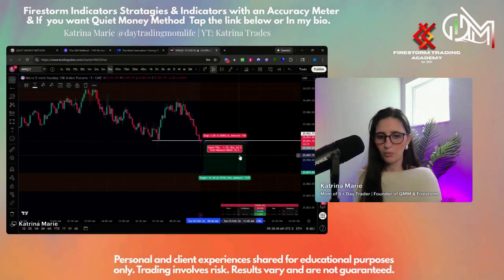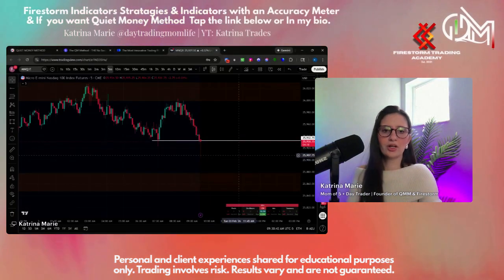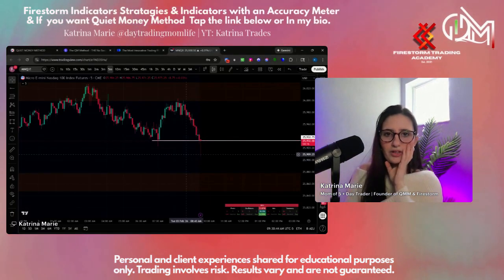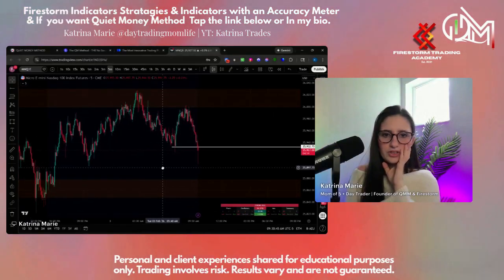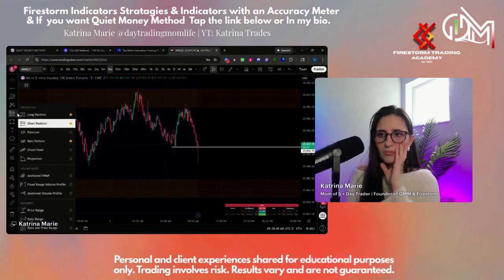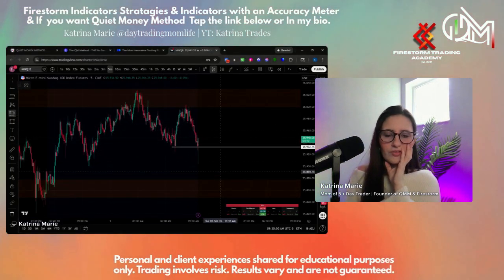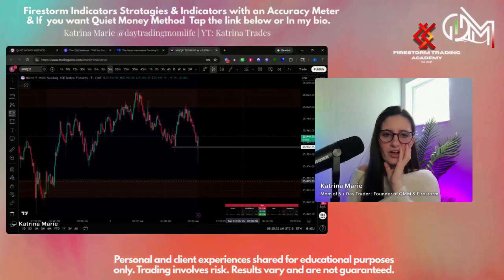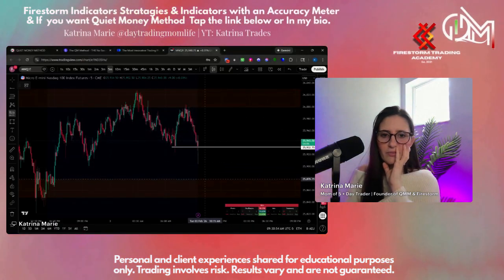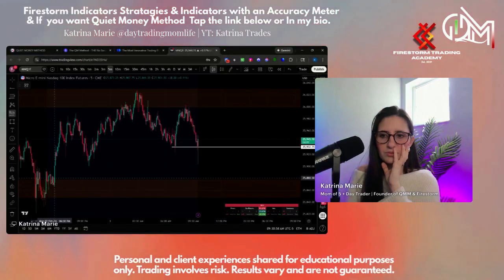So what I am looking for is a break to the downside to tap into this low. So my thought process is here. Once this gets done playing around, I would want to see a tap back down into this area from 6 p.m. open.